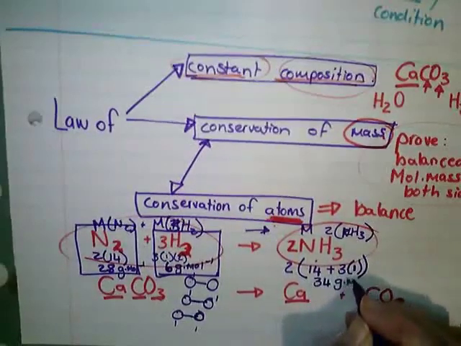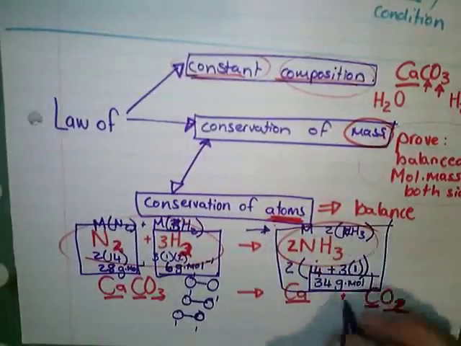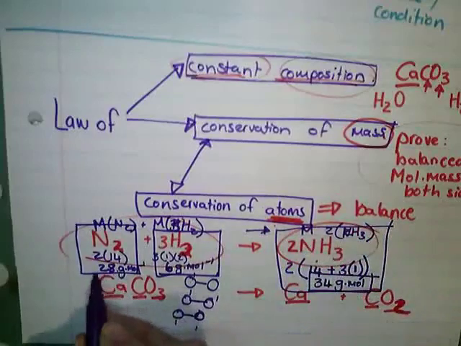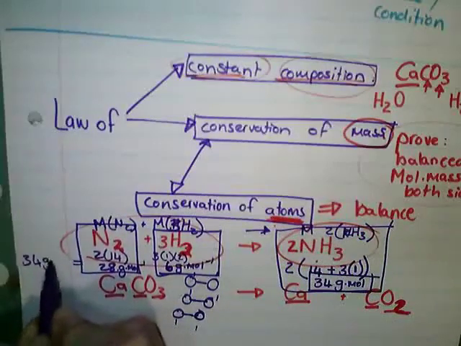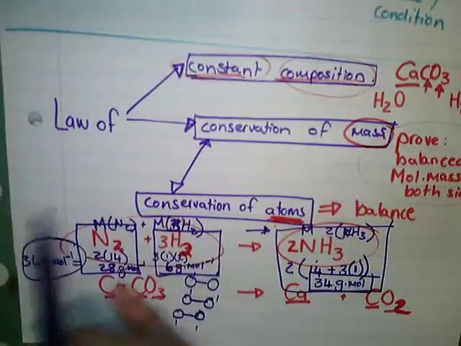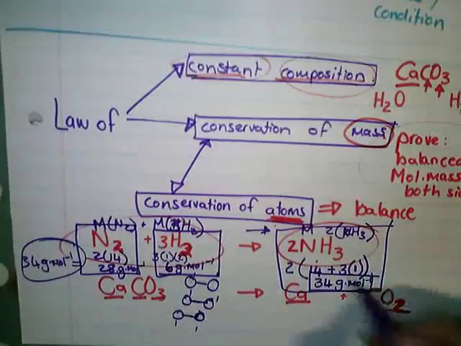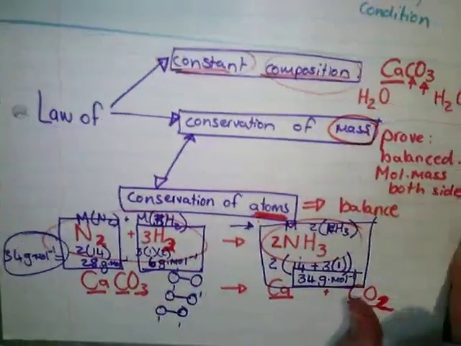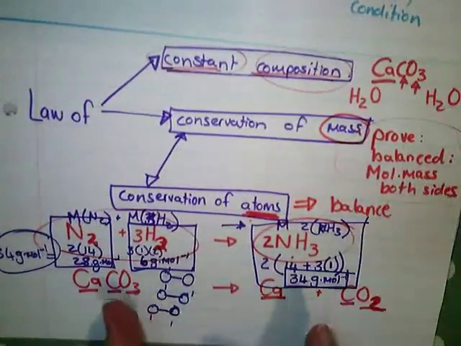On the other side, if we add 28 plus 6, it also gives us 34 grams per mole. So we have 34 grams per mole on the left side and 34 grams per mole on the right side. So we've proven the conservation of mass, and the way we get the mass to be the same is by balancing.